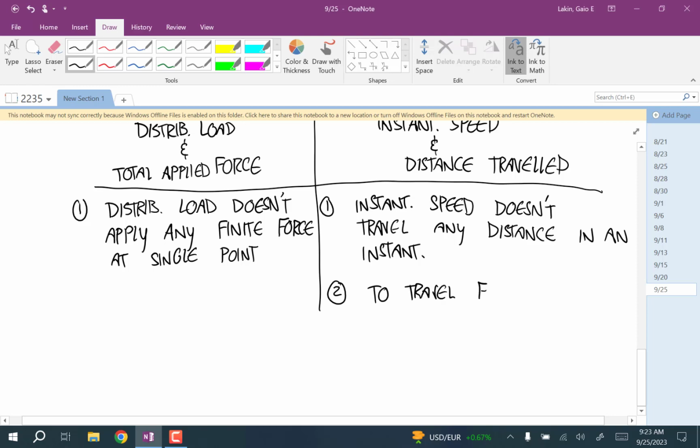To travel a finite distance, you need a speed over a time interval.